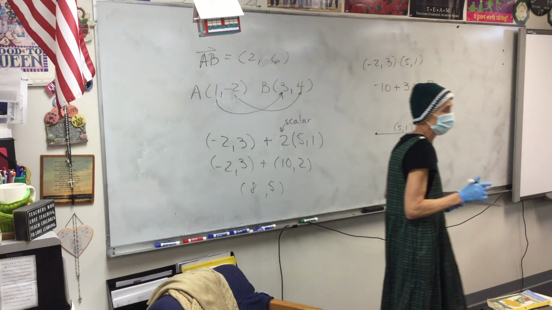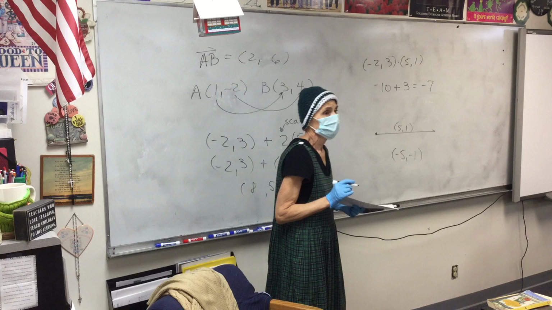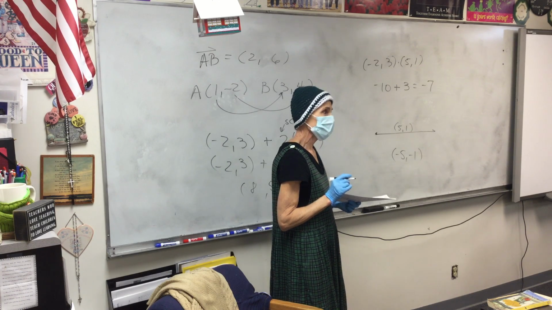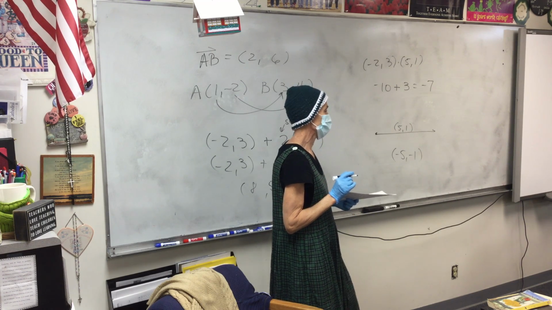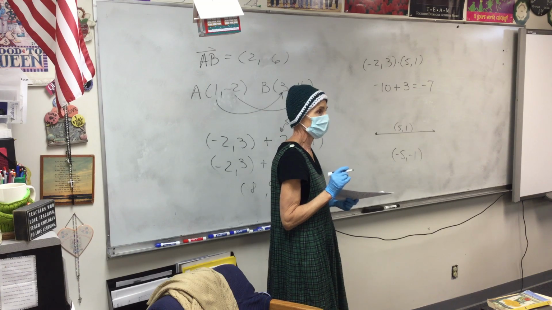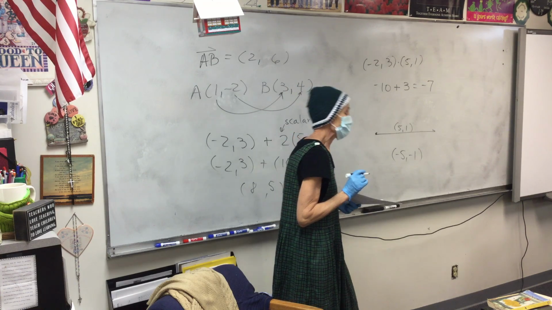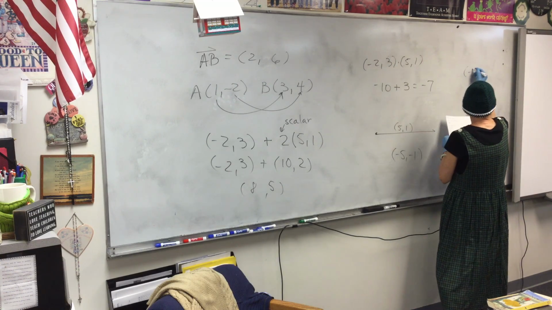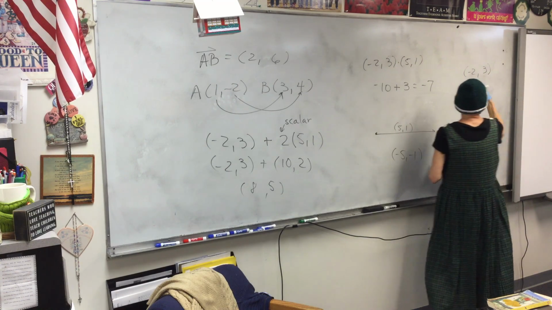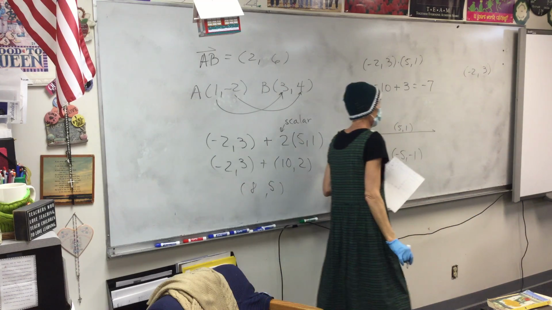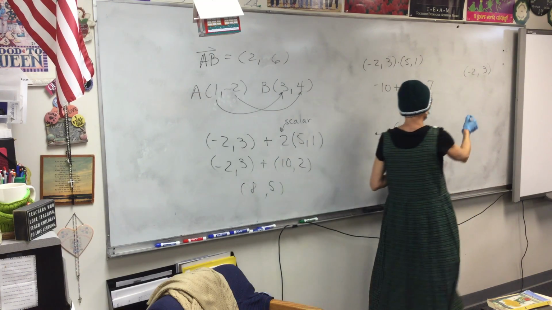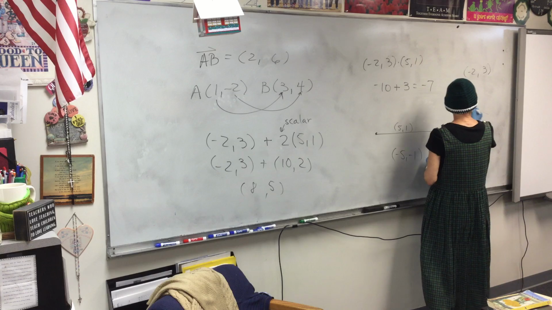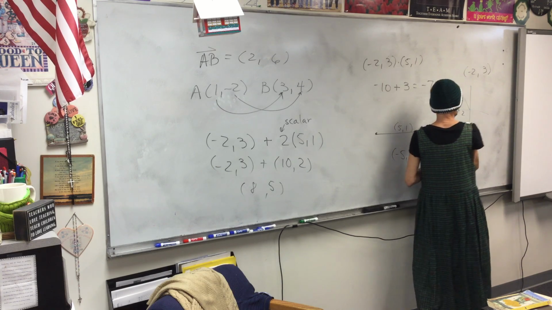What does 5 mean? Well, it looks like absolute value, but it doesn't really mean absolute value. What does it mean? The magnitude. And magnitude is just another word for length. So you have the vector that travels -2, 3. If you want to draw a picture of it, you can. It would look like this.